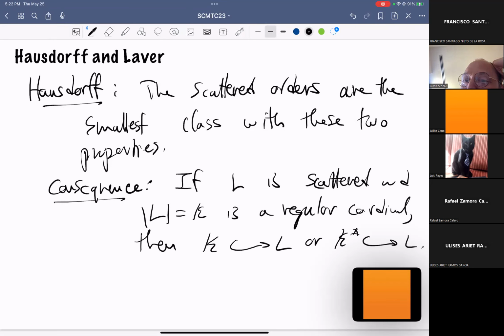And what are examples? Okay, I guess that's all I want to say about Hausdorff. There was a question due to Fraïssé of whether the countable linear orders were what's called well quasi-ordered by the embedding relation.